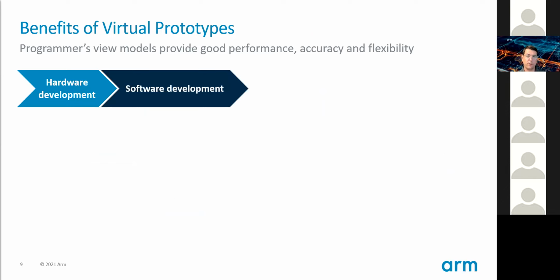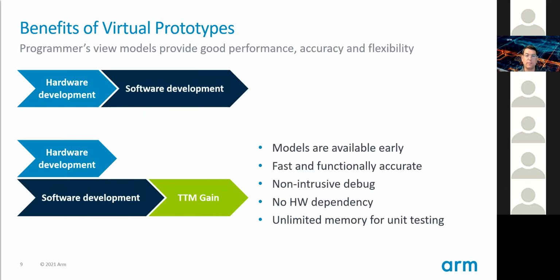In the traditional flow, you first developed your hardware and then started to work on the software that was tested on the hardware directly. As models are available, you can now start with your software development already in parallel to the hardware development. They enable you to run 1,000 tests in parallel, which gives you fast feedback to the programmer using CI tests. The good thing is that these tests are reproducible.